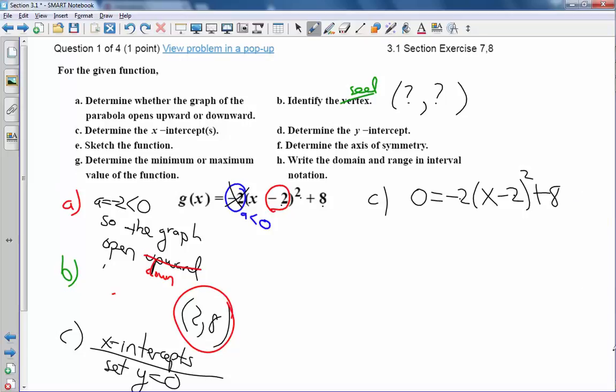Who do you stop with? You have 4 targets. You're a sniper. The one that's furthest away from my target, you don't want to wake up everybody. You want to kill the one who's away from the group, right? Kill 8 first. Negative 8 equals negative 2 times the square.